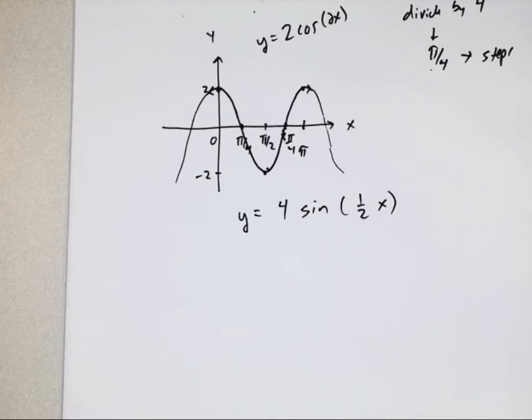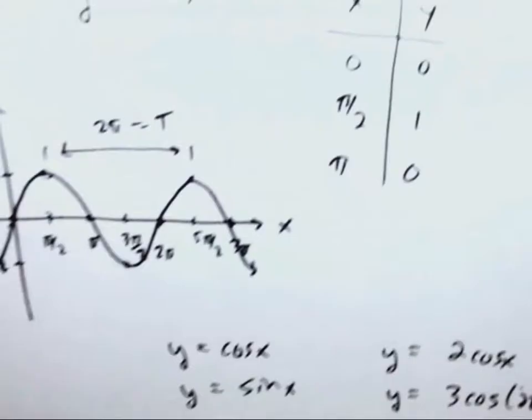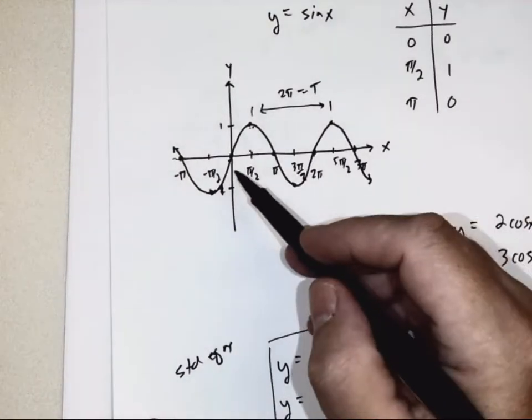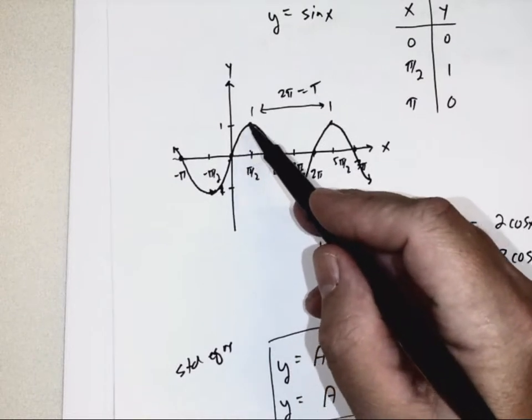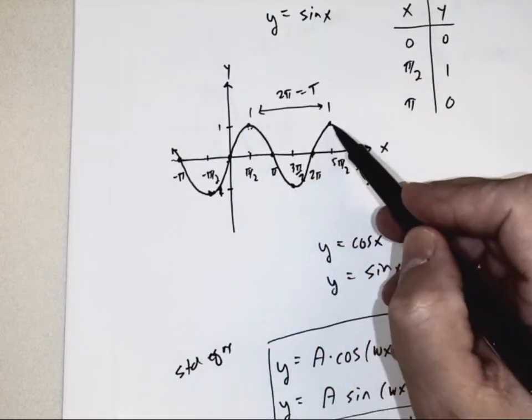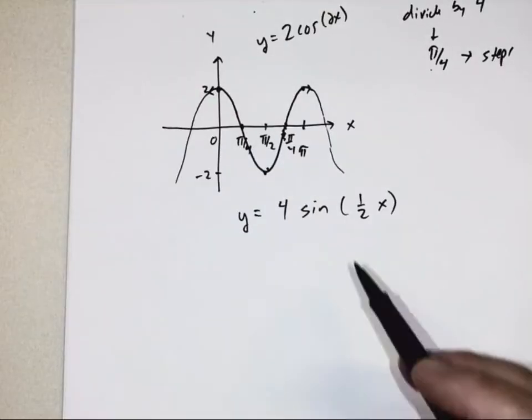The first thing I say to myself is I have to remember what the sine graph looks like. Remember the sine graph, when the angle is 0 it starts at 0, goes high, comes back, goes low, back high, and keeps on going.